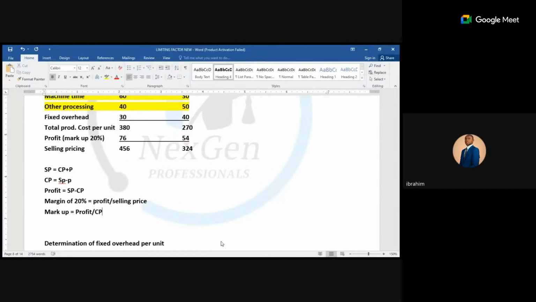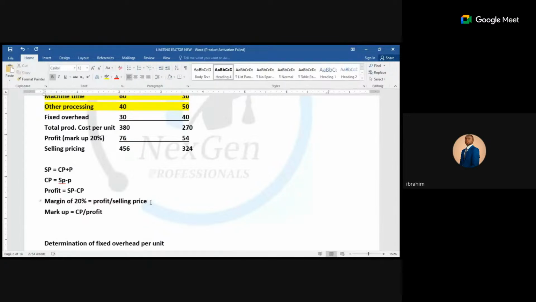Now, this is markup. You need to convert this margin to markup for you to be able to use it on the total cost.